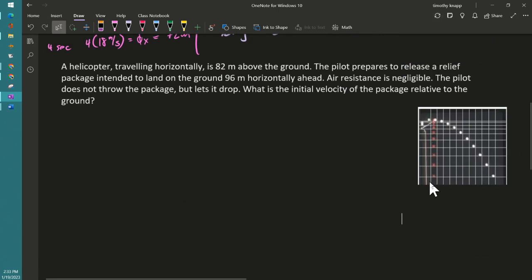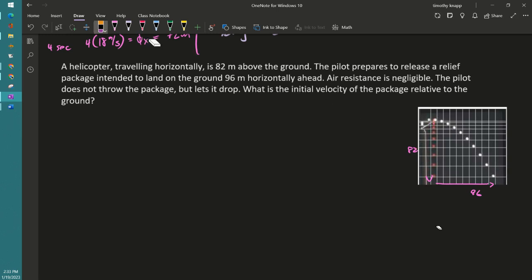This is 82 meters above the ground, and there's a place where he wants it to land right here, and that happens to be 96 meters in advance. So let's pretend like this is 96 and this is 82.